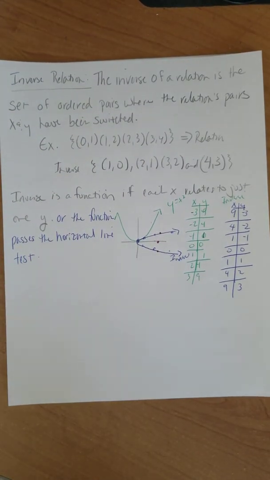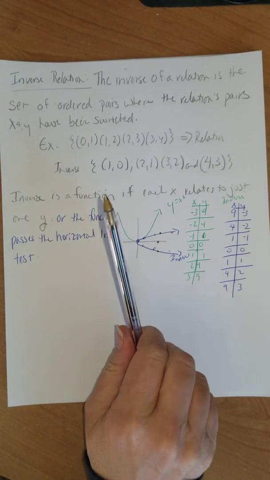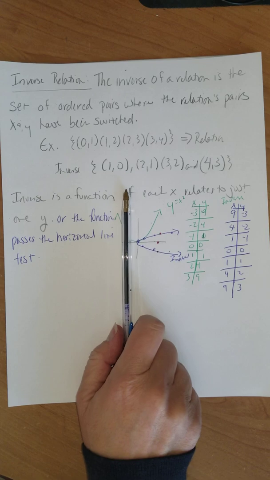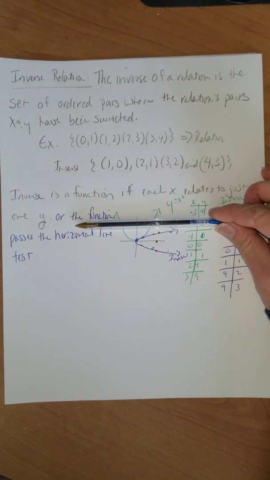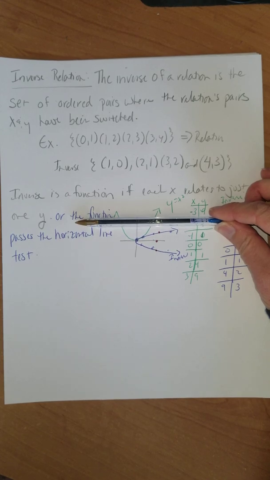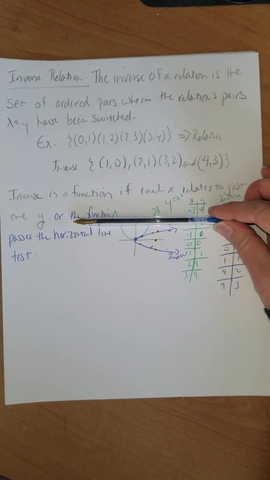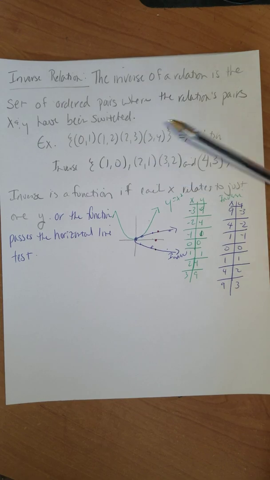So if it passes the vertical line test, then the relation is a function. If it passes the horizontal line test, which this one does not, nor would the circle, then the inverse is a function. In this case, it's not.